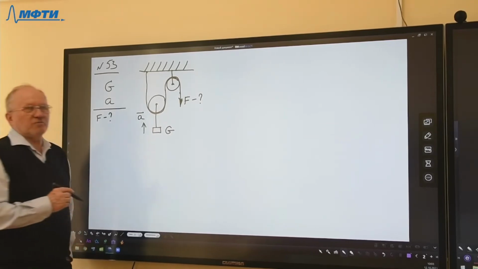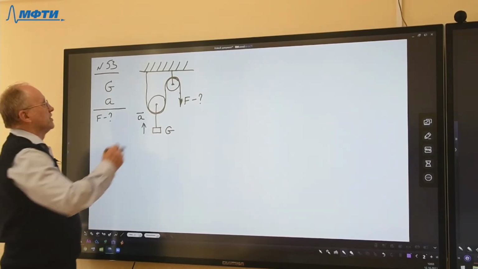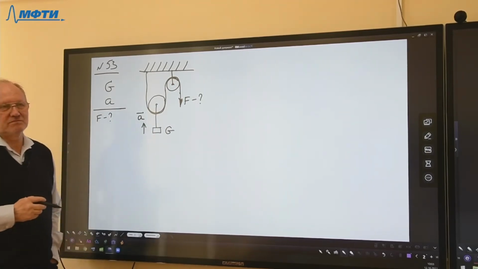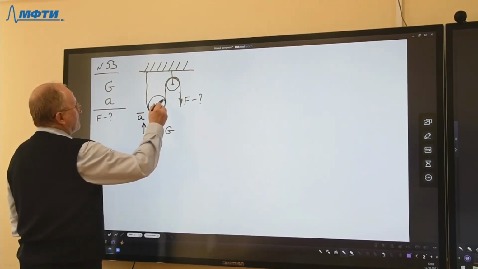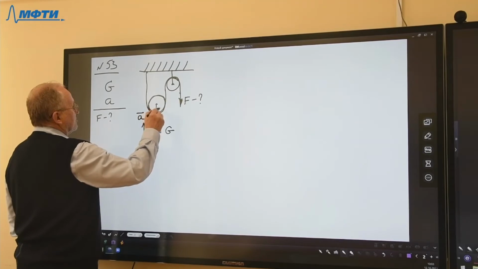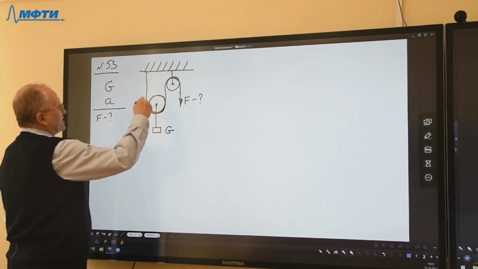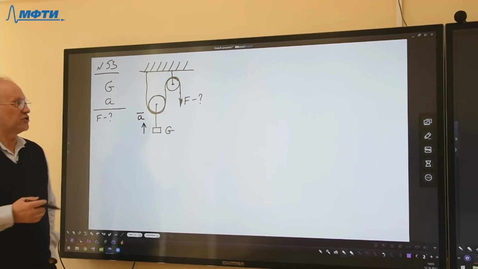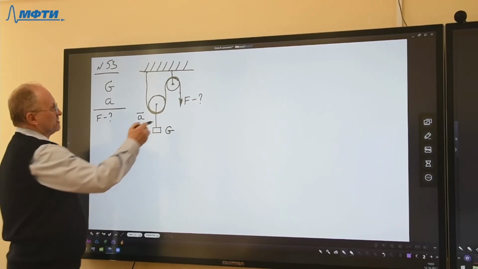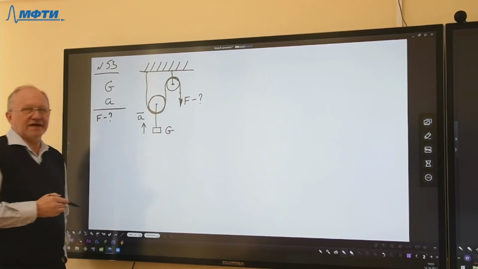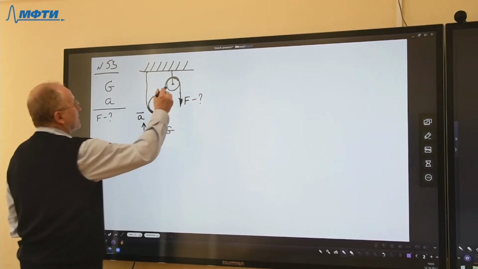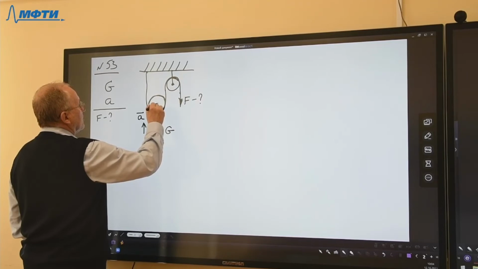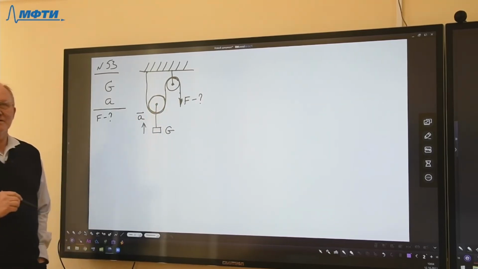In such problems, it's always assumed that the mass of the pulley is negligible. And also the mass of this pulley is negligible. We may say that the mass is 0. We understand it's not 0, some very small mass, but it can be neglected in this problem. Also, we consider such pulleys which have zero friction in the axis.